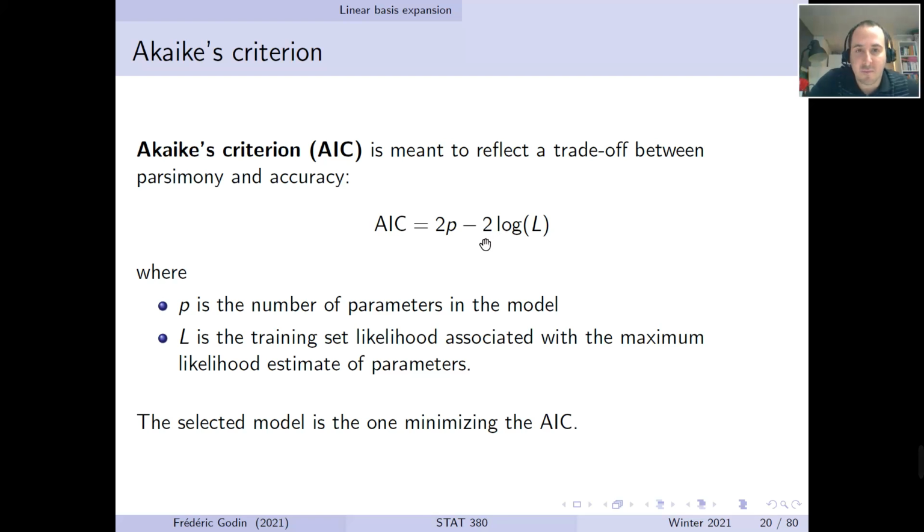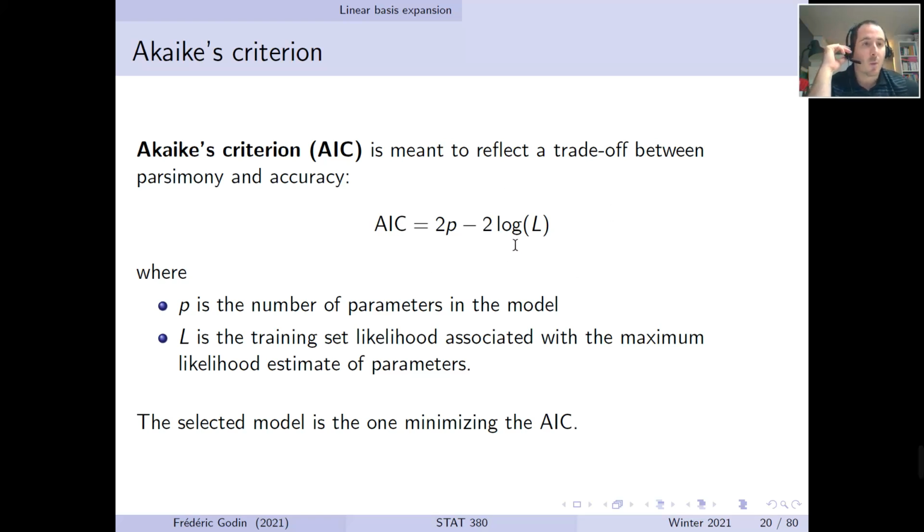And here we have minus 2 times the log of L, so log of L is just a log likelihood, and this criterion is defined like that. So when we use the Akaike's criterion to select a model, we want to find the model or the amount of flexibility which minimizes this quantity.